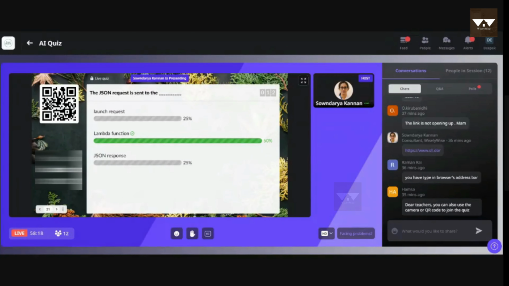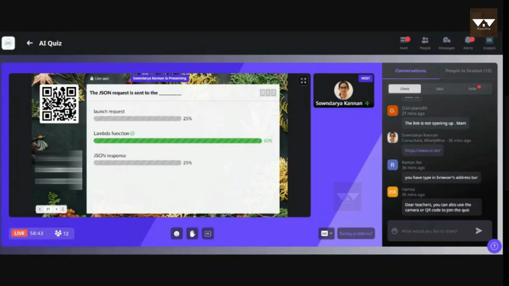So the JSON request is sent to the Lambda function, and from there to Alexa, and Alexa will give us the answer. So that's a circle. The user will ask something to Alexa. Alexa will search back, and it will play us the result which we asked.